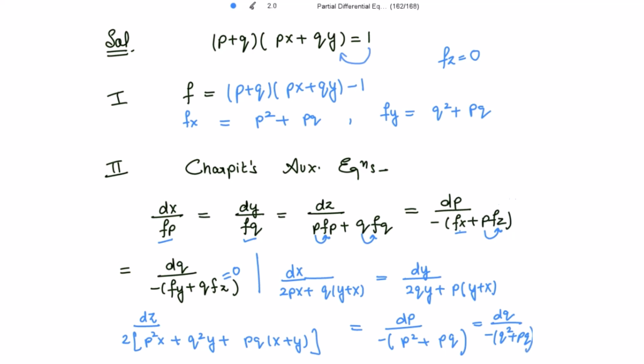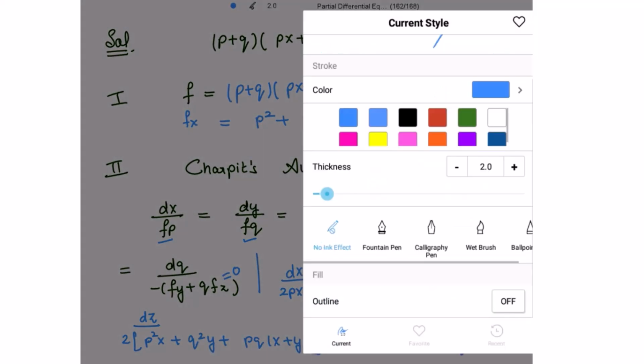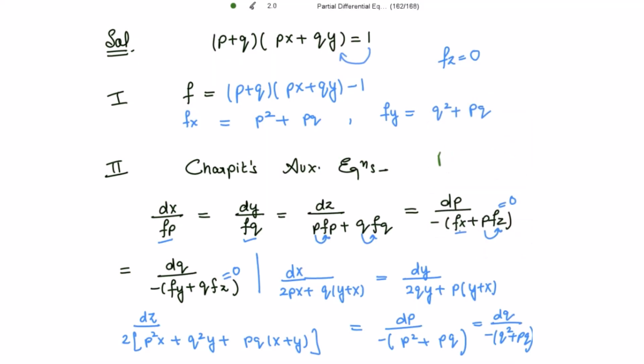Fz is 0. Now we need to choose those ratios for which either we get the value of p or q, or we get the relation between p and q. What is easier to choose? I think it is easier to solve these two ratios.